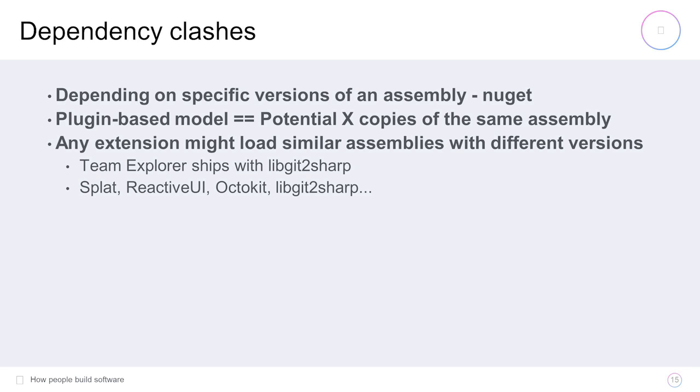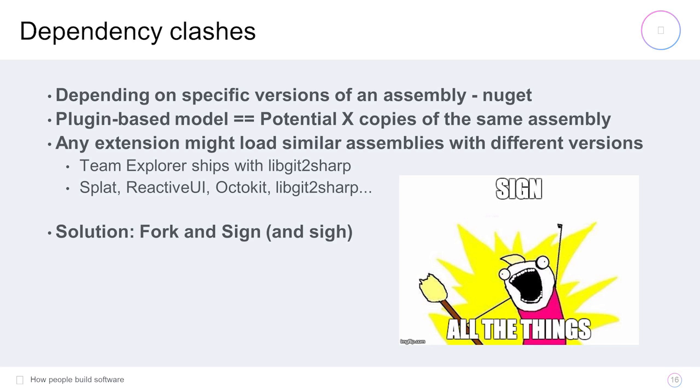And unfortunately, the .NET runtime only gives you the version of the assembly that you requested if it's signed. If it's not signed, it's not going to give you that version. It's going to give you whatever it's loaded in the system. So that would potentially mean anyone could break us by just loading before us and loading anything.